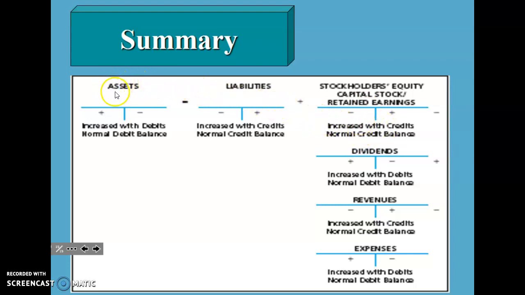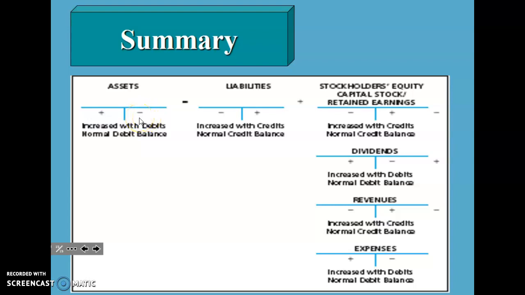But let's talk about assets again. Assets have a normal debit balance, so left side of the T account, and they are increased with debit. So you see the plus here on the left or the debit side of the T account. Assets are decreased by credits. So you see the minus on the right side of the T account.